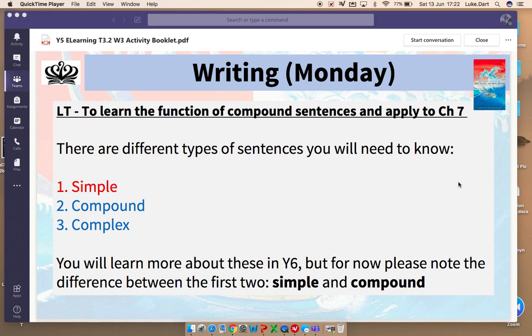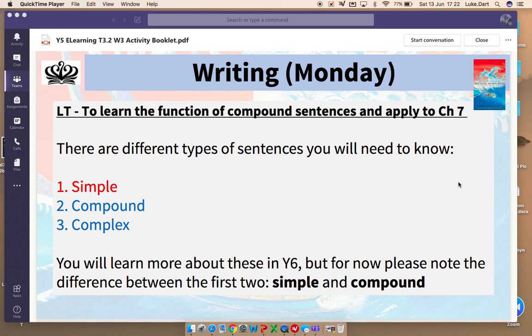Your learning target for English today is to learn the function of compound sentences and apply this to chapter number 7. Okay, so let's keep this nice and simple. There are 3 different sorts of sentences that you can create.